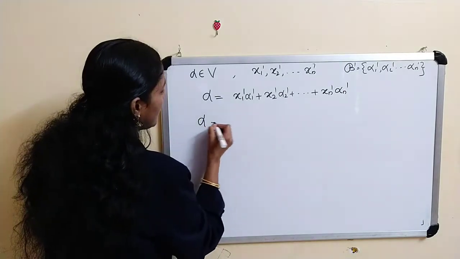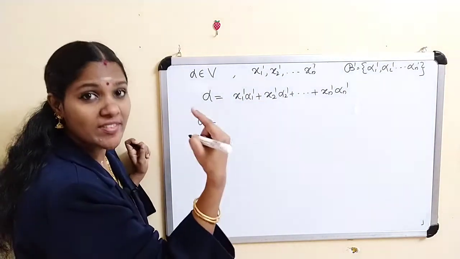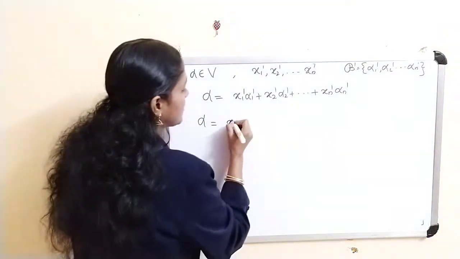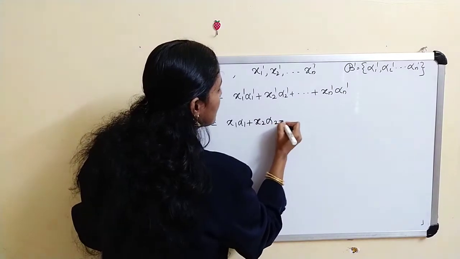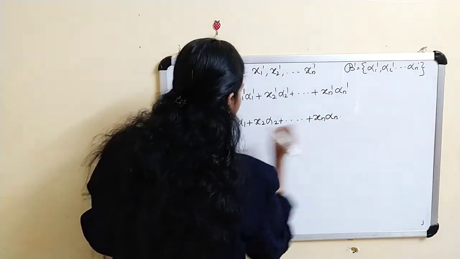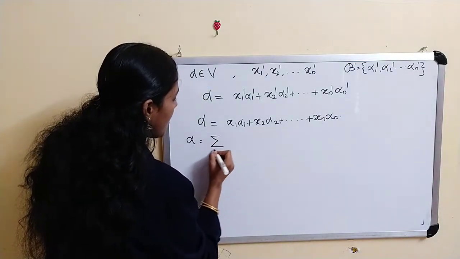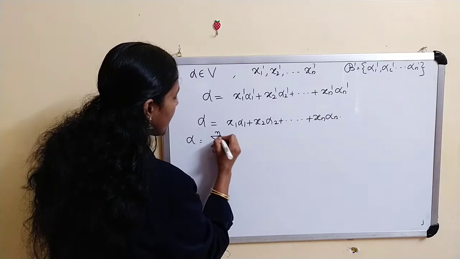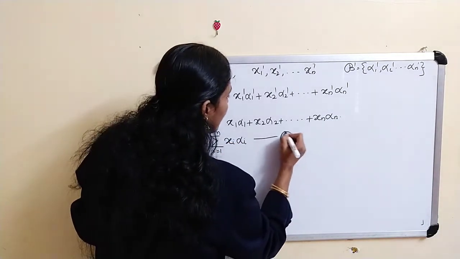As x1, x2, etc., xn are the coordinates of alpha related to the basis B, you can write this as x1 alpha 1 plus x2 alpha 2 plus etc. plus xn alpha n. So this alpha you can write as sigma i varies from 1 to n xi alpha i. This is equation 1.